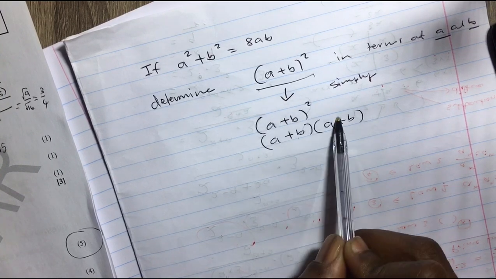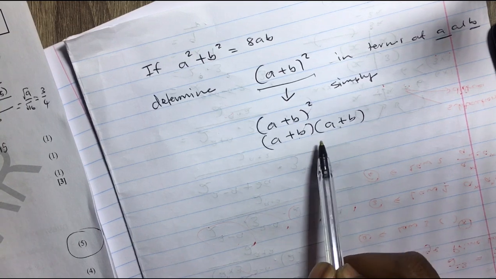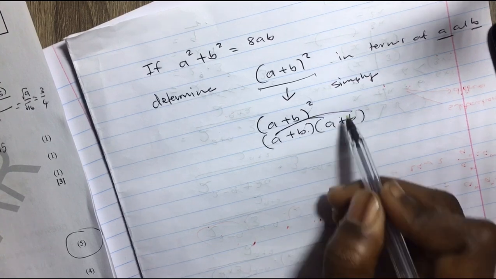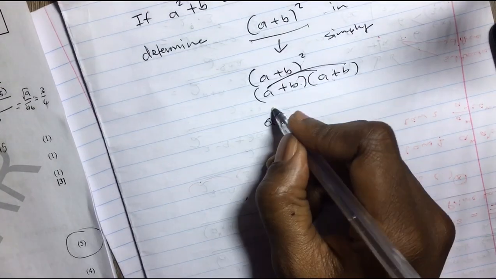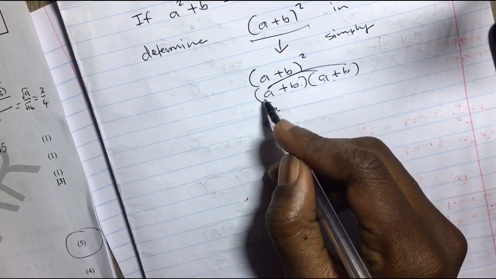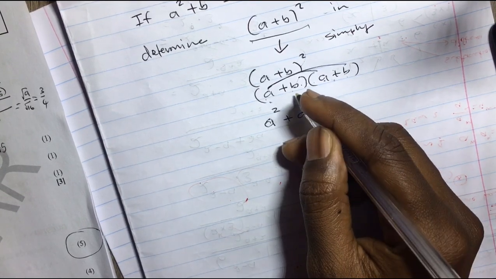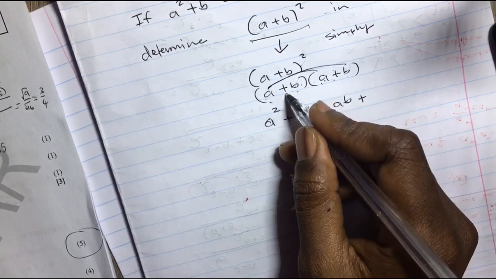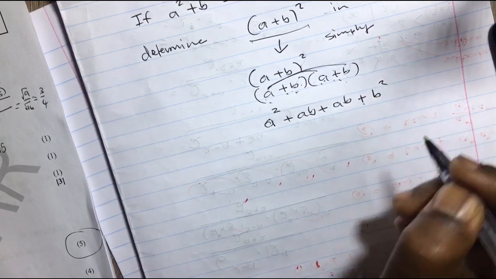That's why it's squared, because it's the same bracket twice. Once it's like this, bracket means multiply. So I'm going to multiply this. I get a squared. a times b becomes plus ab. b times a becomes ab. A positive and a positive is a positive. b times b becomes b squared.